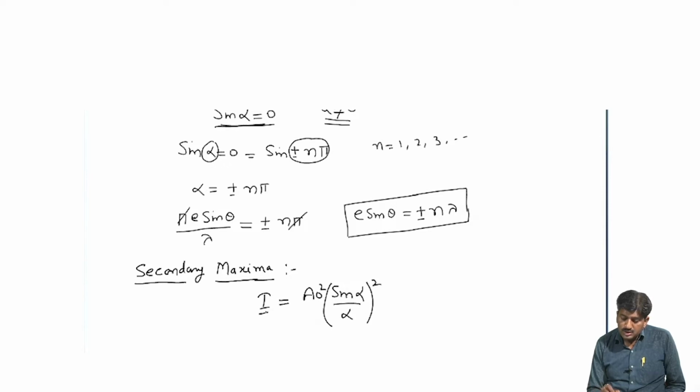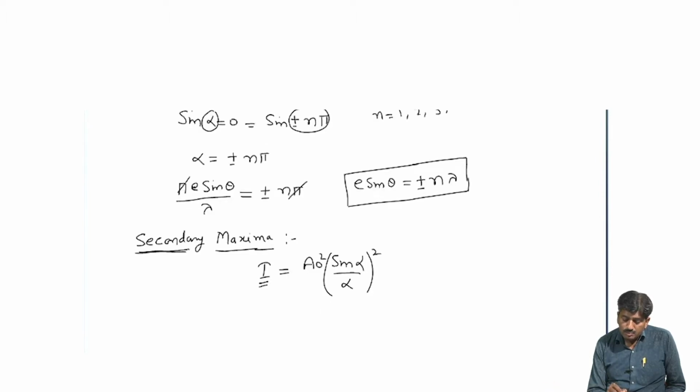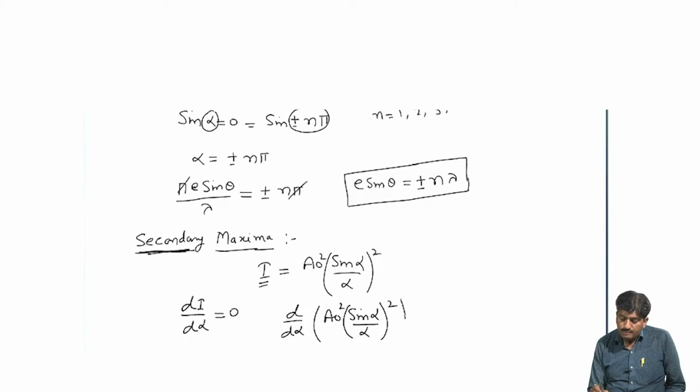It means this intensity is variable with respect to alpha, and if this intensity is variable with respect to alpha, then we can determine the positions of secondary maxima by dI upon d alpha. If we put dI upon d alpha equal to 0, it means d upon d alpha of A naught square sin alpha upon alpha whole square equal to 0.